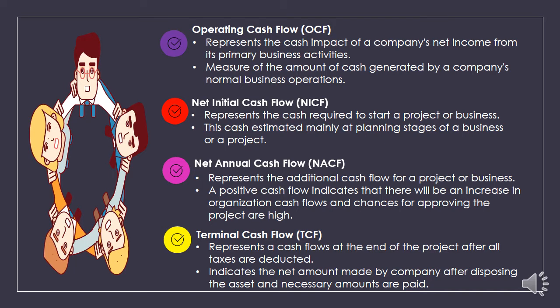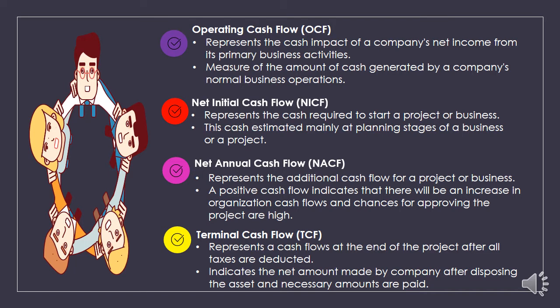OCF represents the cash impact of a company's net income from its primary business activities. It is a measure of the amount of cash generated by a company's normal business operations. So in simple words, OCF represents the cash that the company will receive from its business activity.